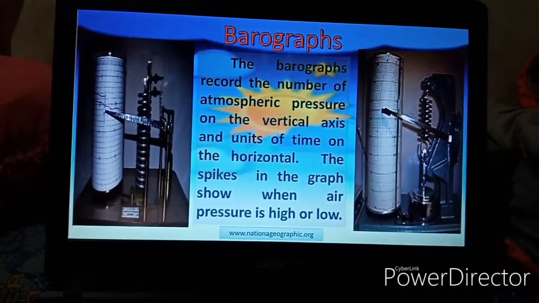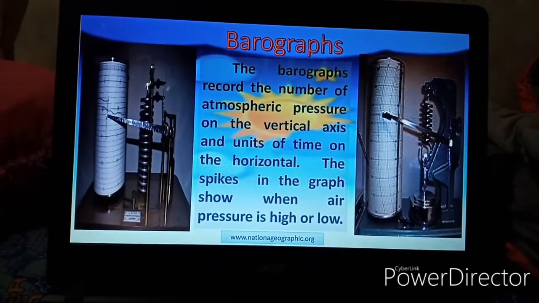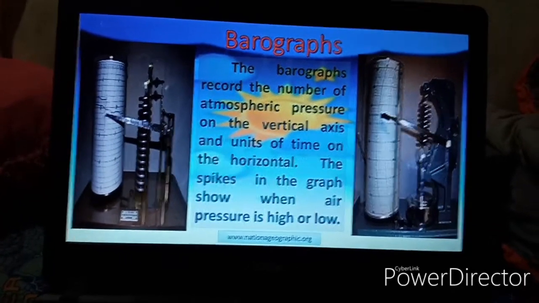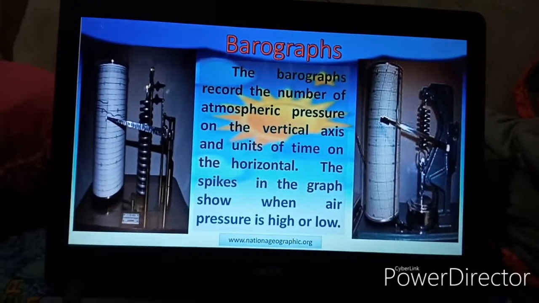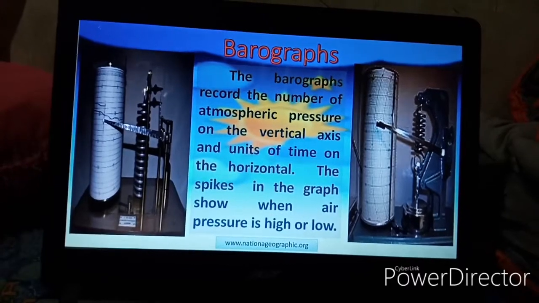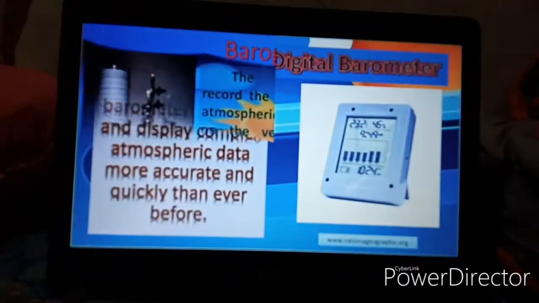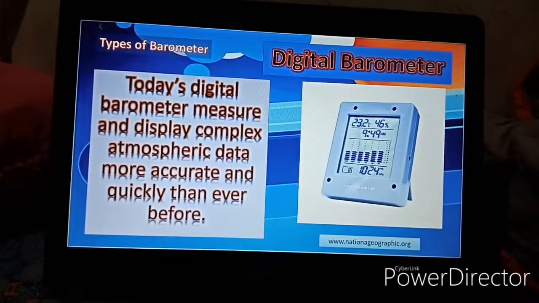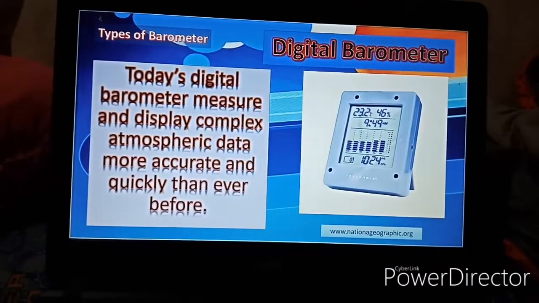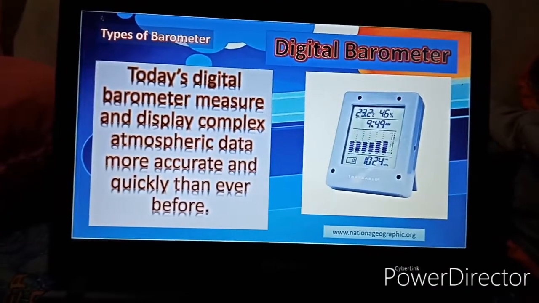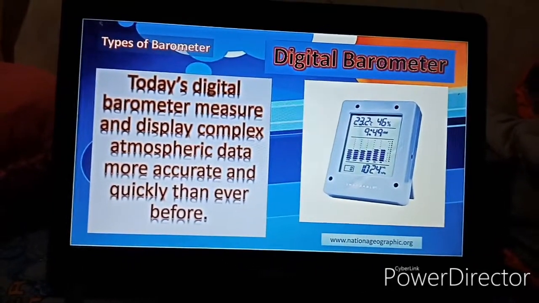Another type of barometer is brought about by the changes in our time and also by the rising technology. There is another barometer that is easier to use to measure air pressure, and that is the digital barometer. Today's digital barometers measure and display complex atmospheric data more accurately and quickly than ever before.